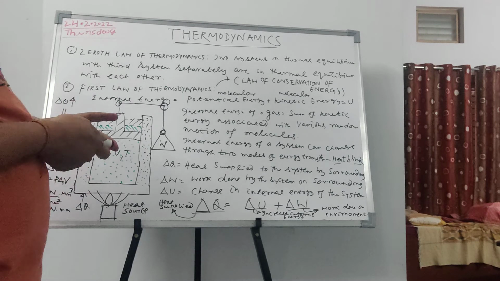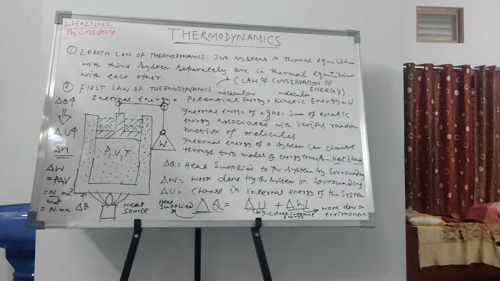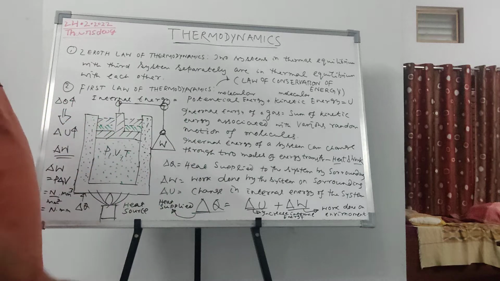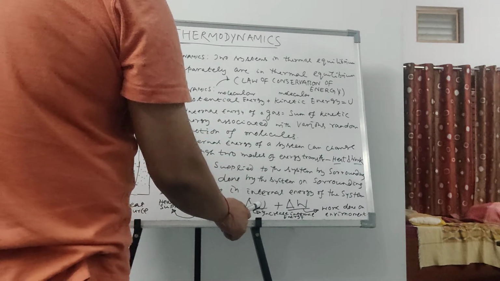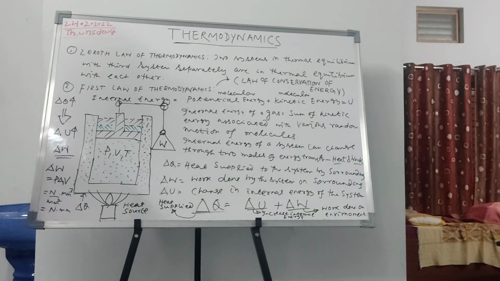So work and energy have the same unit, which is Newton meter, that is, joule. And as you know, rate of work done is nothing but watt. So heat supplied is equal to the change in internal energy plus work done. That is the first law of thermodynamics. Next we will try to solve some numericals on the first law.